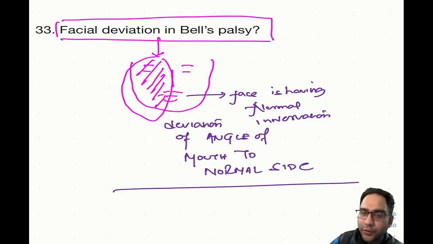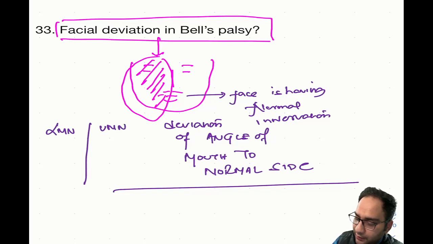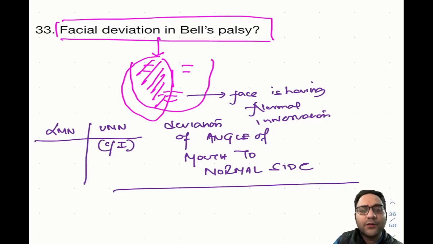Okay. Now what you need to remember here is the difference between LMN facial palsy and UMN facial palsy. In UMN facial palsy, the affected part of the face is usually contralateral. In LMN, the affected face is mostly ipsilateral.